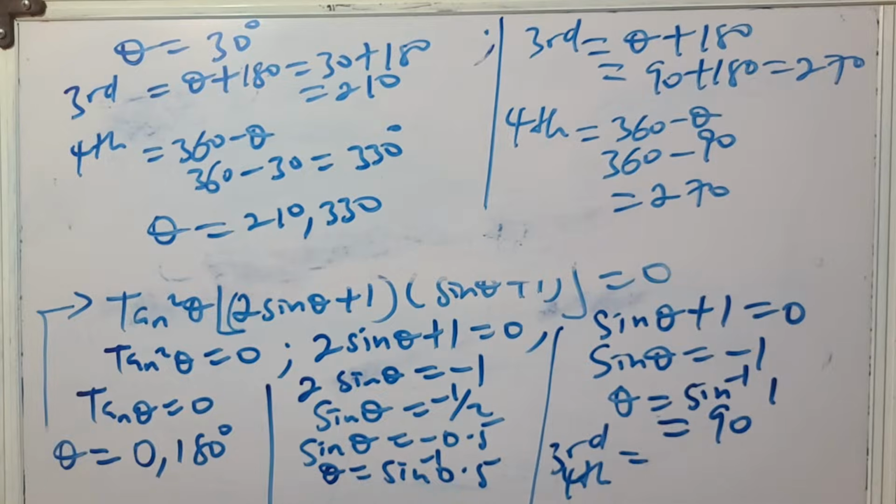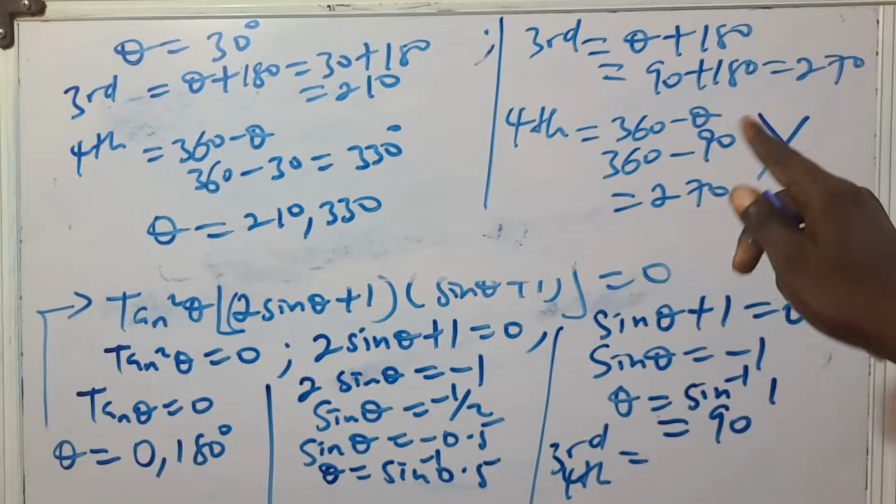Now, let me tell you why this will never be part of the answer. You can see we have tan theta featured here. Press tan 270. It's actually undefined. So we will not include this as part of our answer.